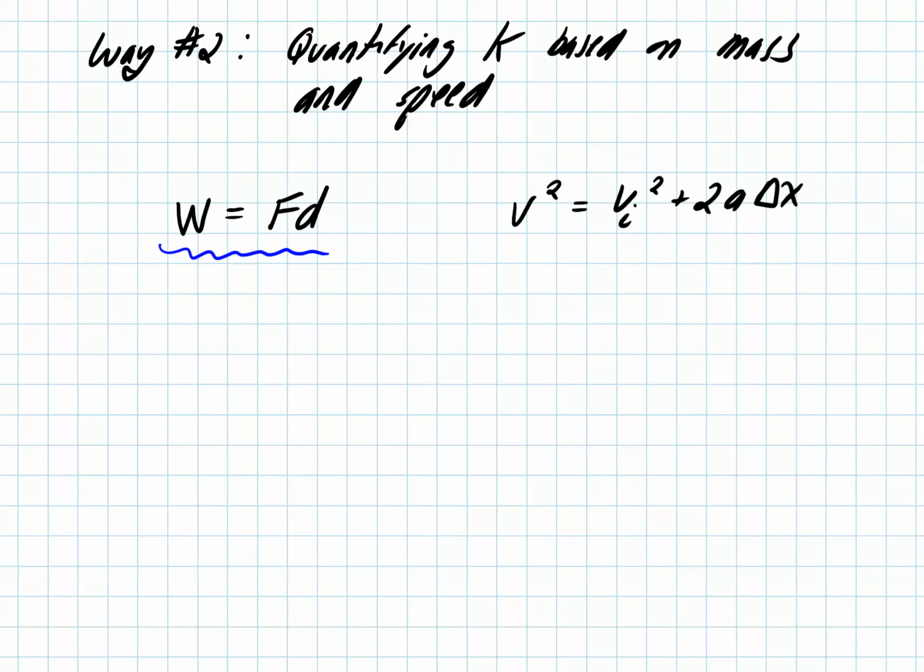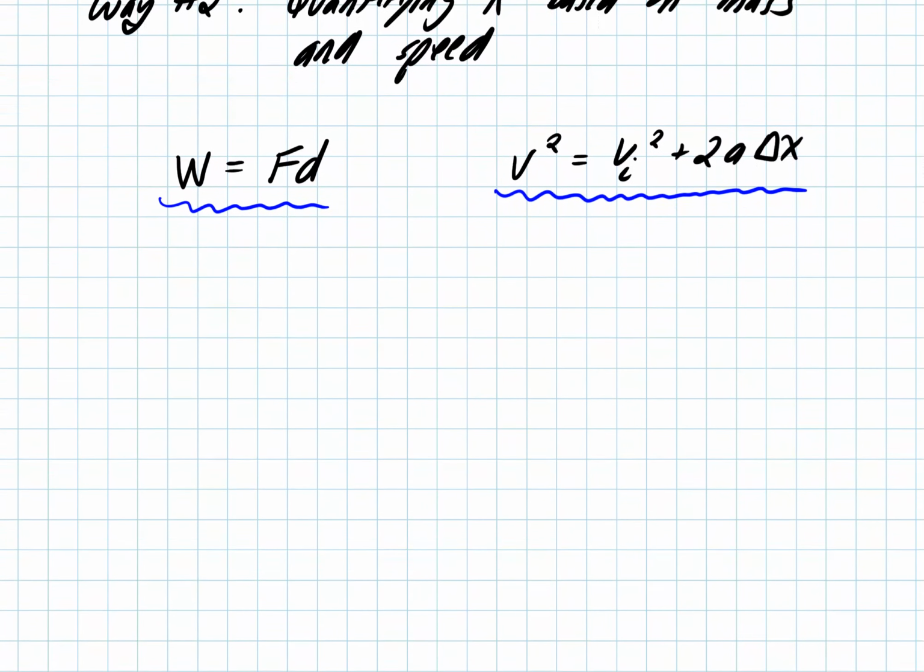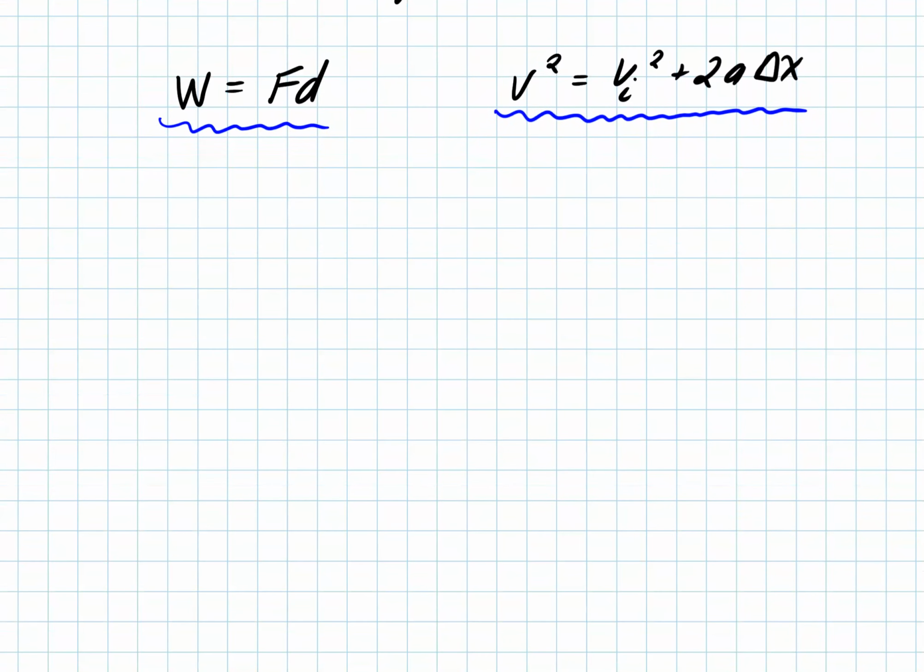We're also going to need our other equation that doesn't have time in it, and we're going to need Newton's second law, which isn't in here. So let's start with, okay, again, the goal here is quantify kinetic energy based on mass and speed. Well, here we go. Work equals force acting through a distance.